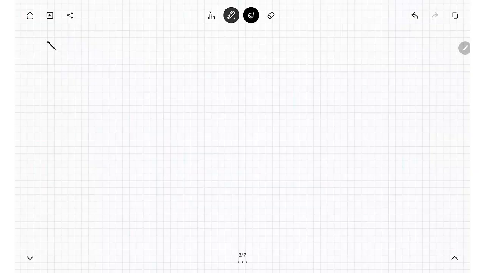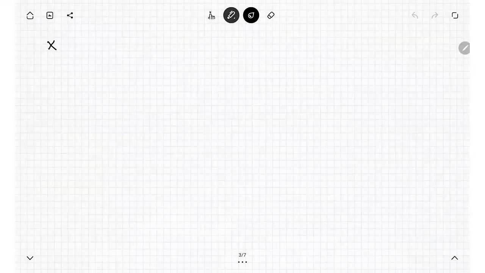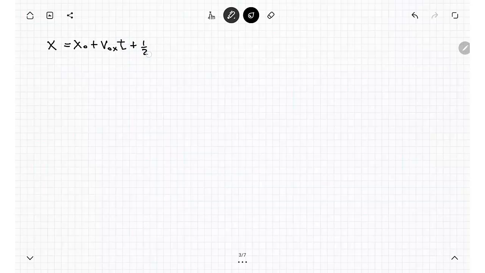So the x component of the motion is equal to x0 plus v0 along the x-axis multiplying the time, plus 1/2 of the acceleration along the x-axis multiplying the time squared. Okay? Let's call that equation number 2.